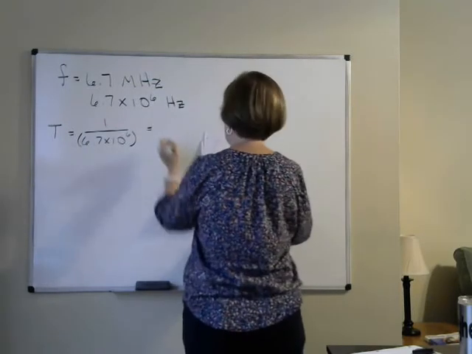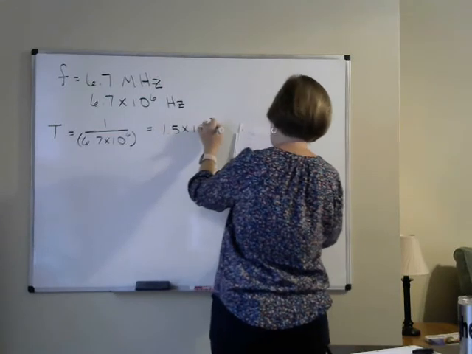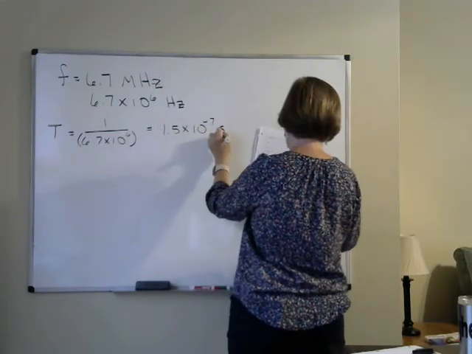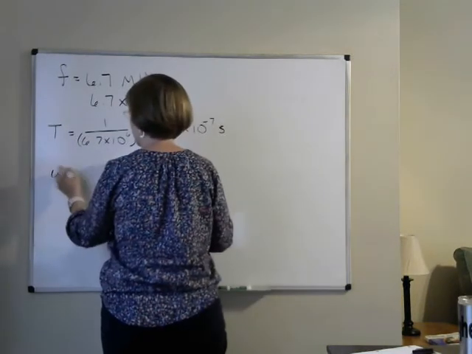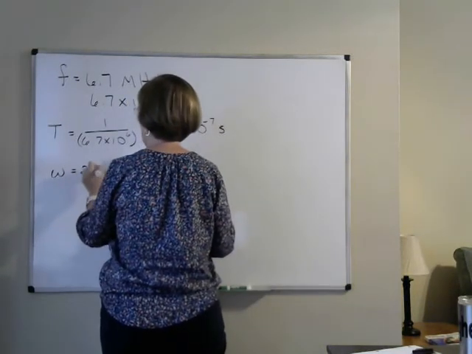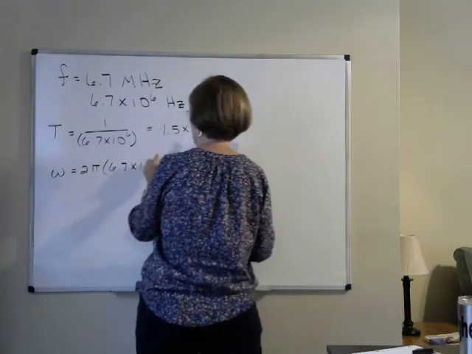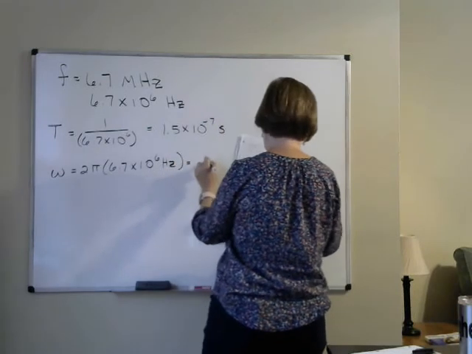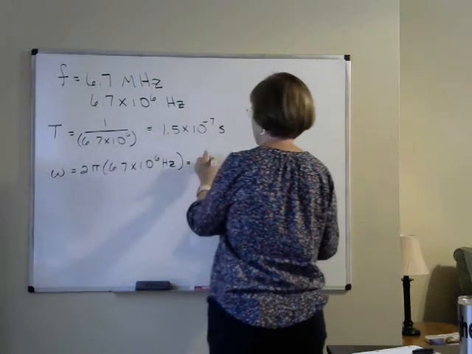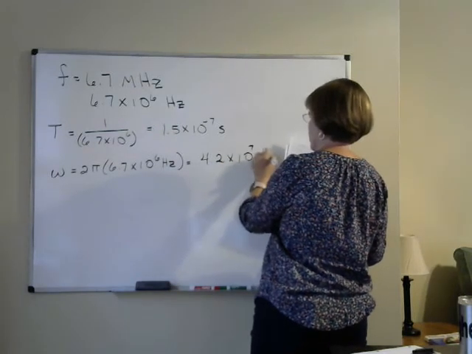It came out to be 1.5 times 10 to the negative 7 seconds. Omega is just 2 pi times the frequency, and it came out to be 4.2 times 10 to the 7 hertz.